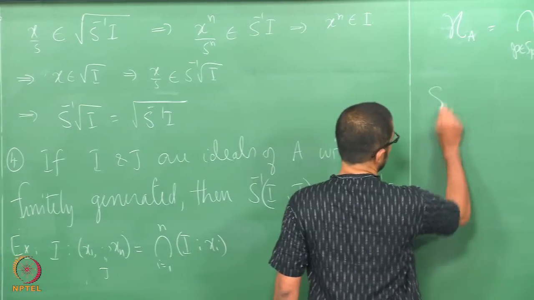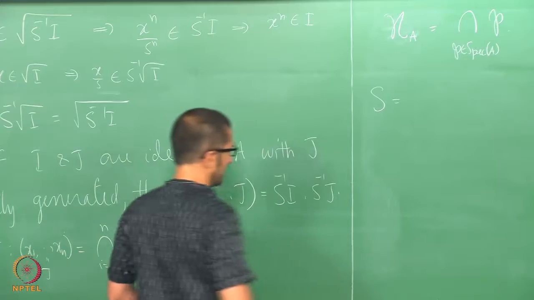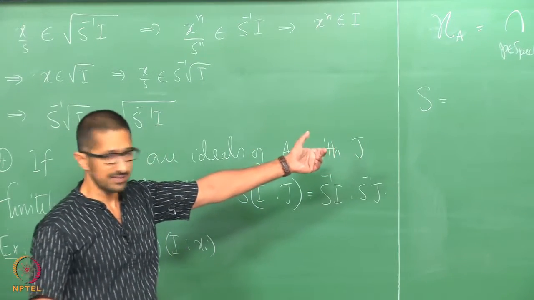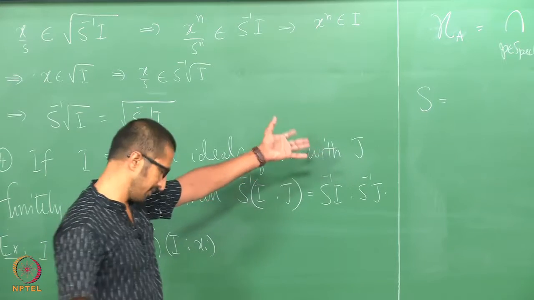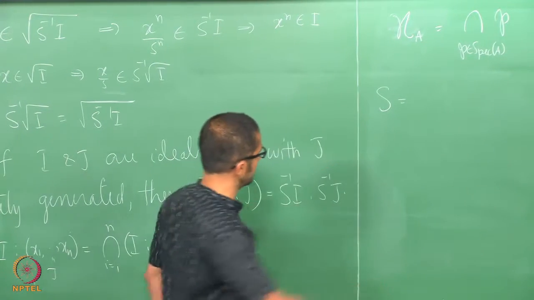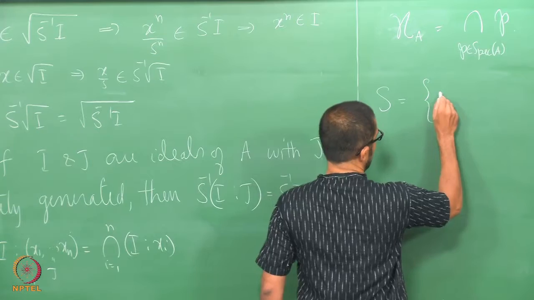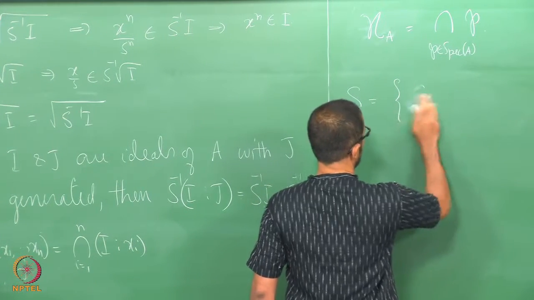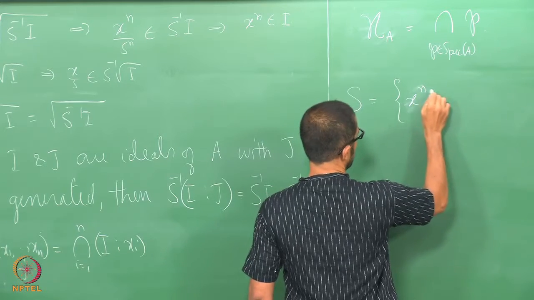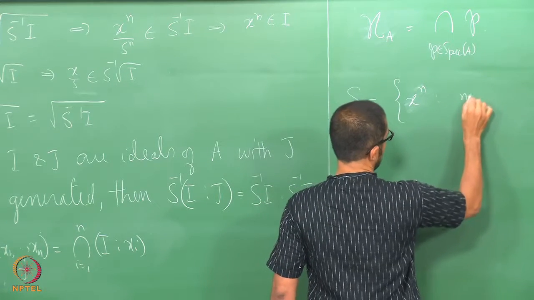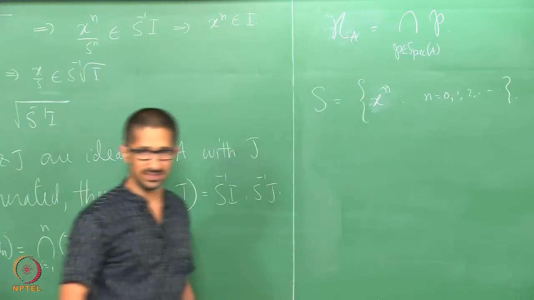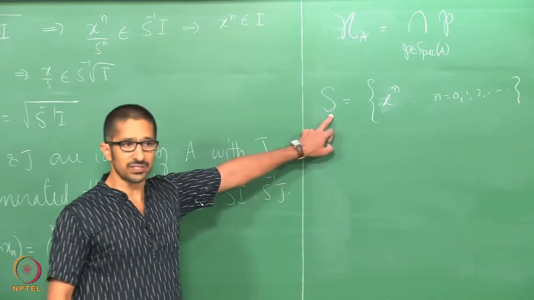See, if I take the correspondence between prime ideals of A and S inverse A, I mean it is not really the correspondence. I take S to be equal to f power n. So, let x be a non nilpotent element, then 0 is not here.